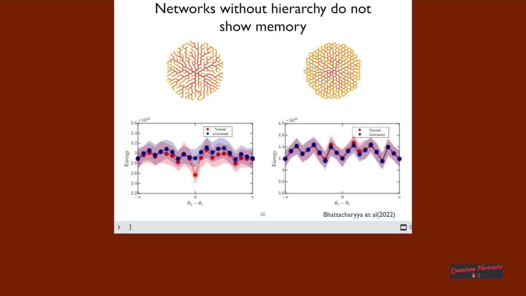That means that this kind of network, which is very loopy and does not have a strong hierarchy, cannot retain the memory of an external stimulus in the network morphology.